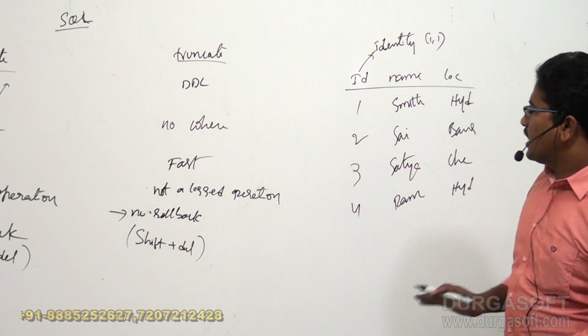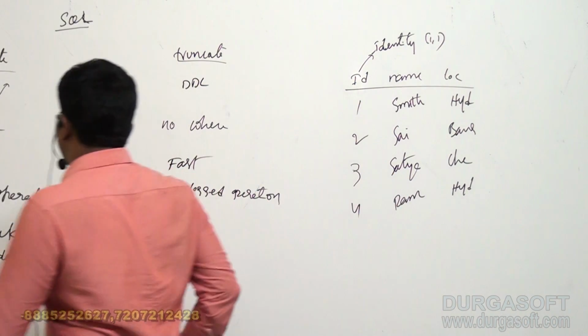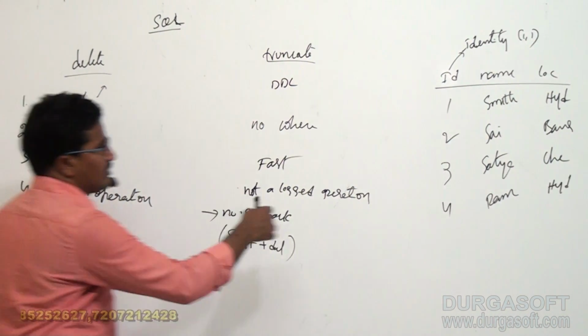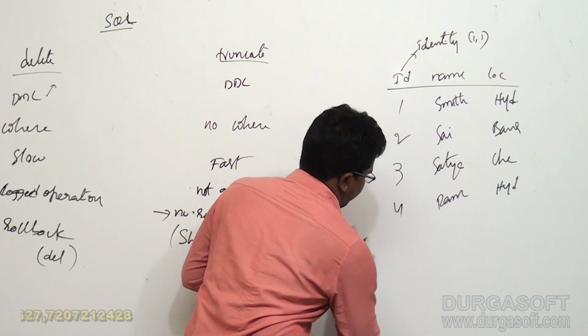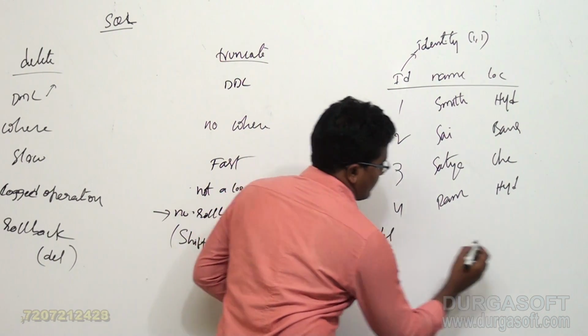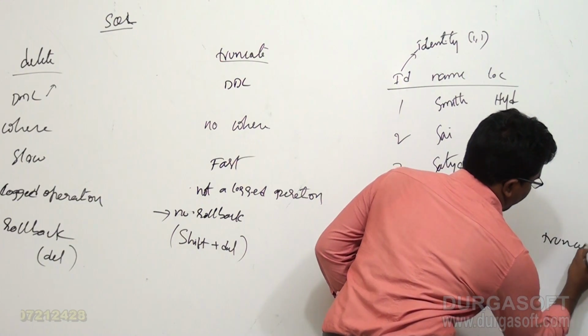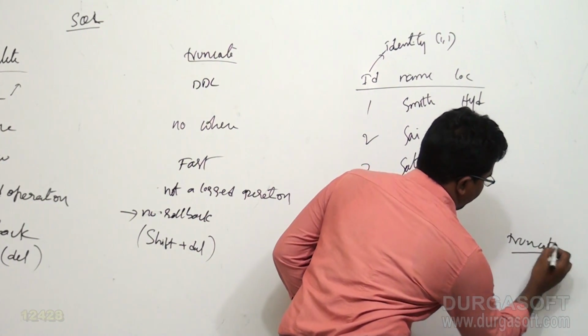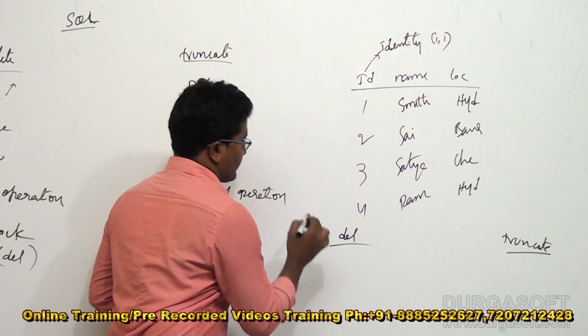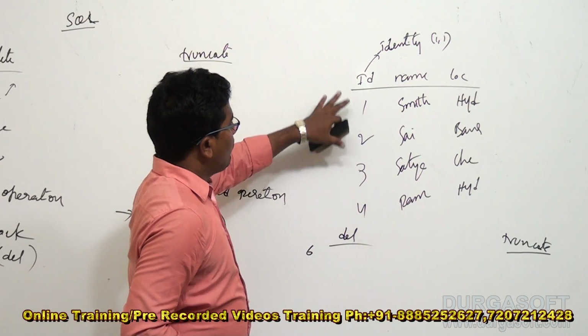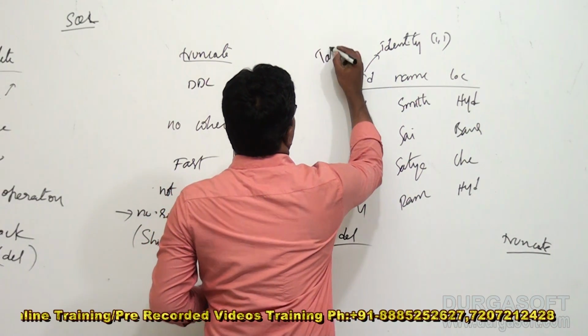Now I use the delete, and here I will write the example for delete. This is the 6th example. The table name is tab, for example.